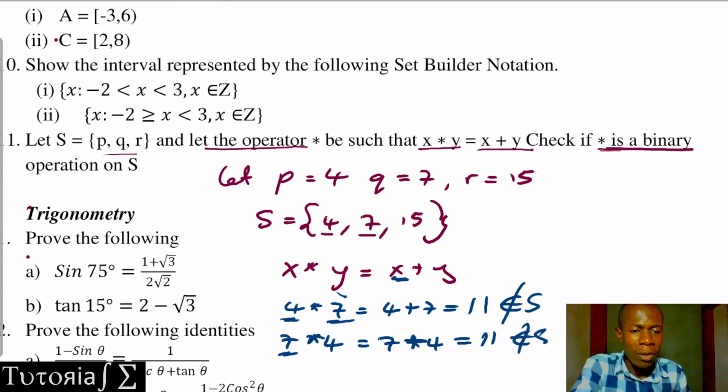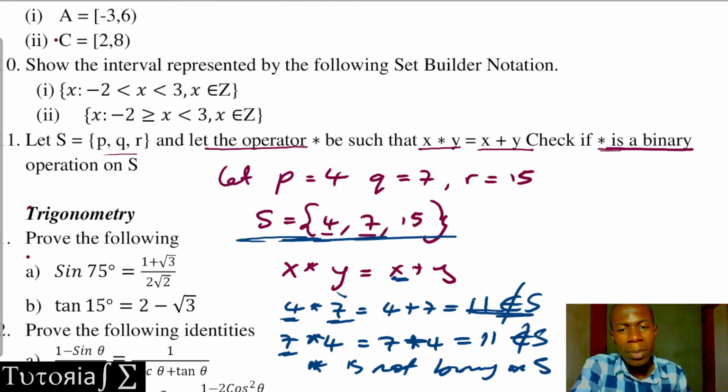Not an element of S. So now we can conclude to say star is not binary on S. Okay, so basically that is it about binary operations. So immediately you find one element that is not part of the set, you conclude that star is not binary.